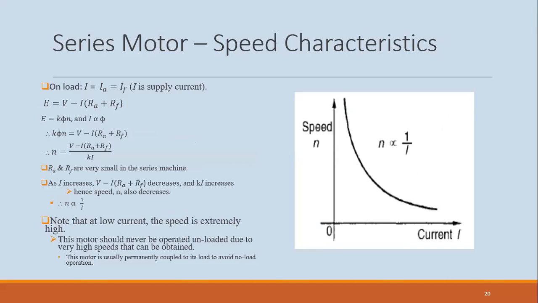So as the machine is on load, you have a value for the current I. And we again equate the two equations for induced EMF, K phi N equal to V minus IA into RA plus RF. So I can make N the subject of the formula.